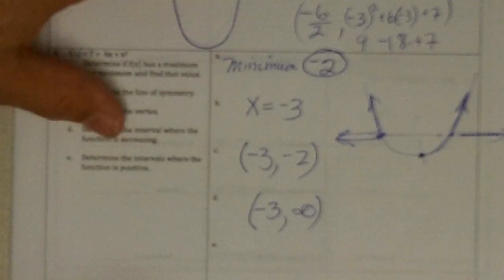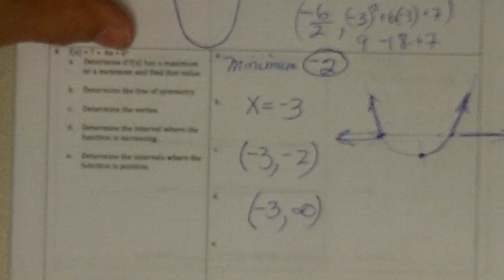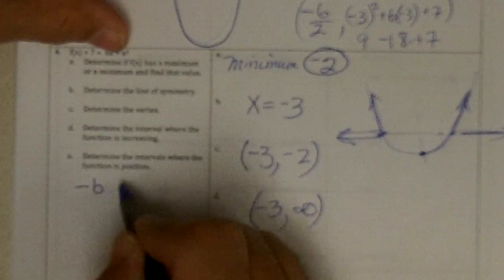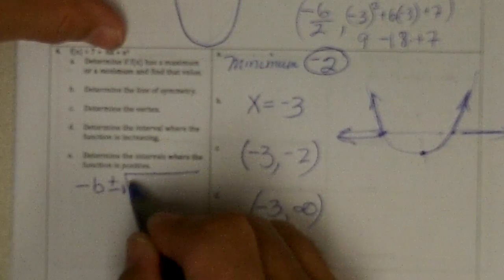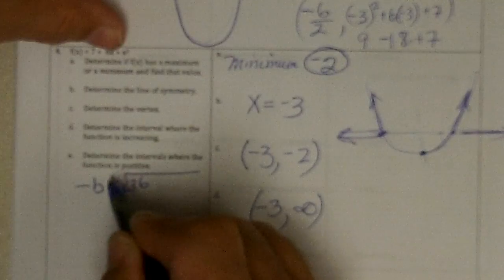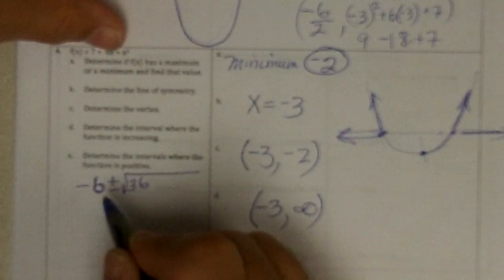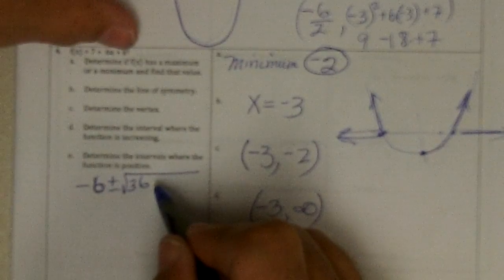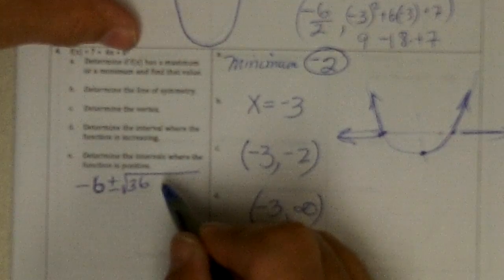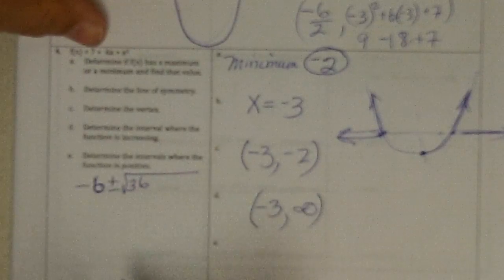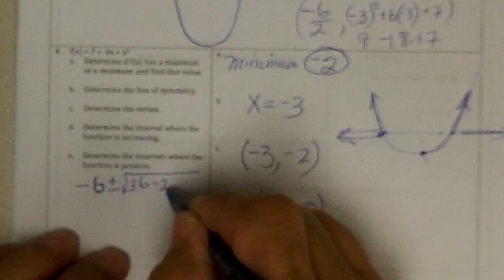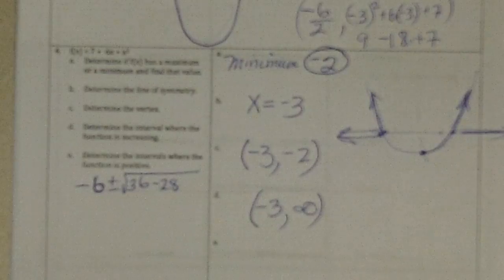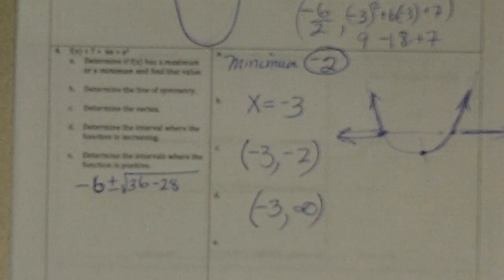So now I got to find the intercepts. So I'll use the quadratic formula. The opposite of b plus or minus the square root of b squared, which is 36, minus 4 times a, which is 1, times c, which is 7. So minus 4 times 1 times 7 is minus 28.